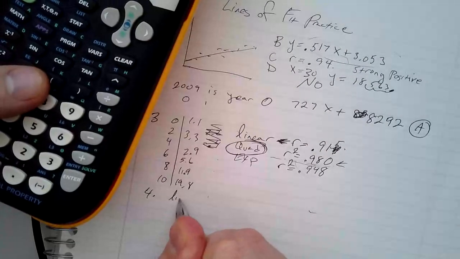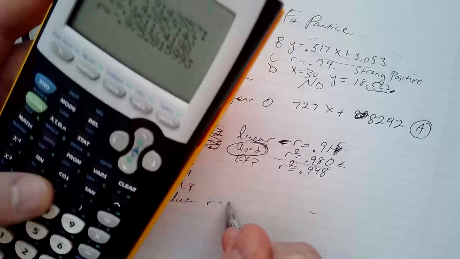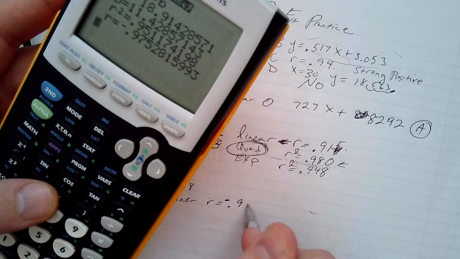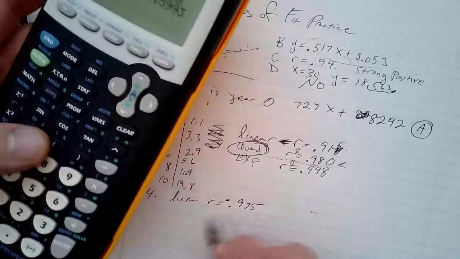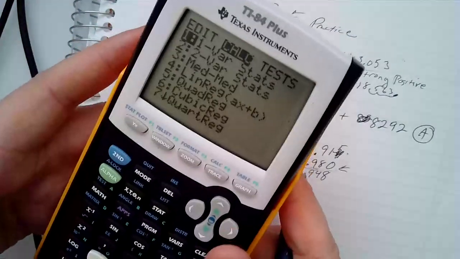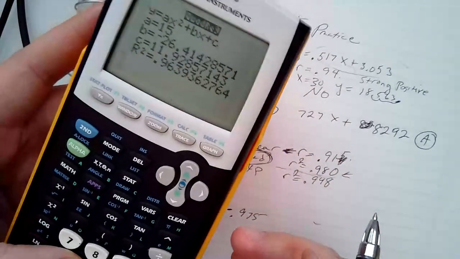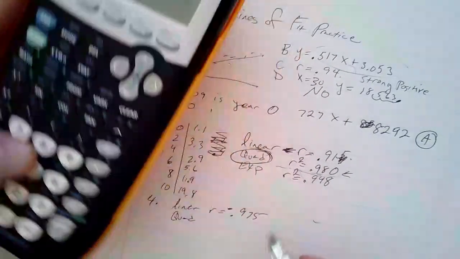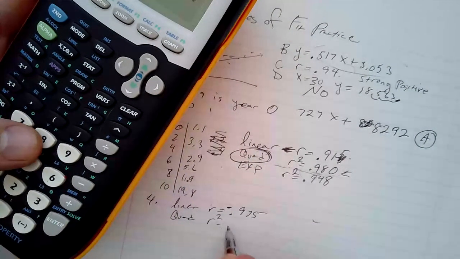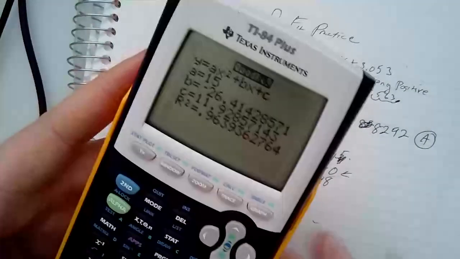So linear, my r value will equal negative 0.975. For quadratic, R squared is equal to 0.964.